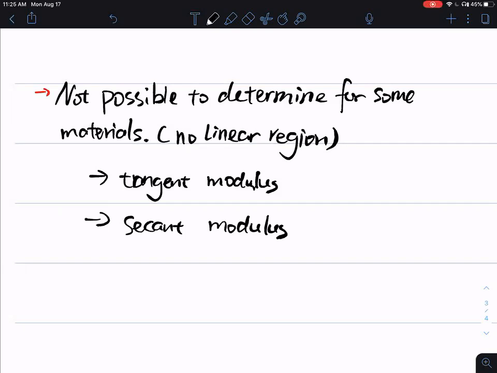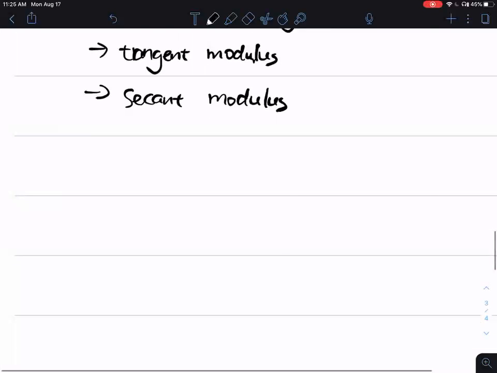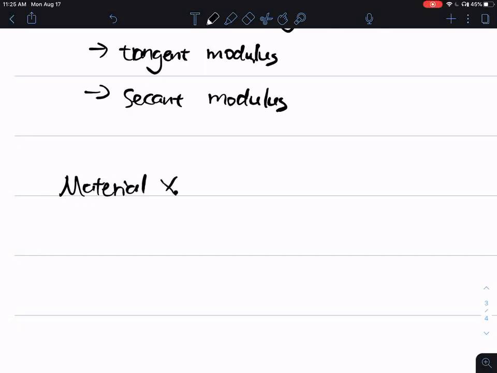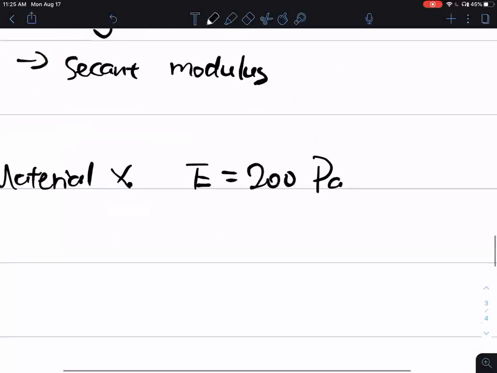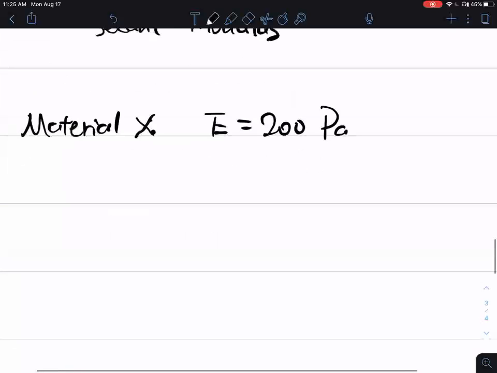For example, we have a material X, and the Young's modulus of that material is 200 Pascal, which is very soft, I guess. Such a small number.